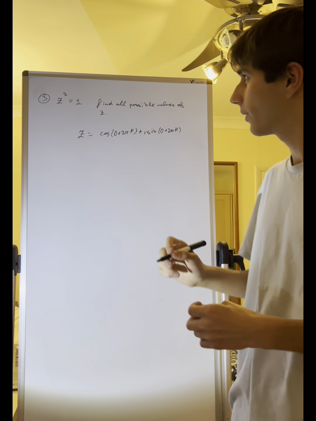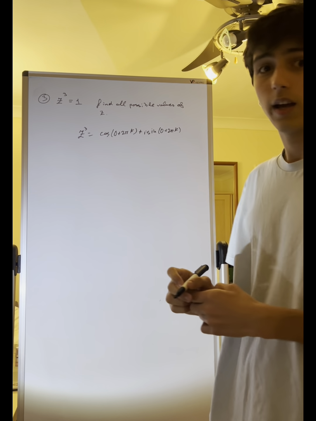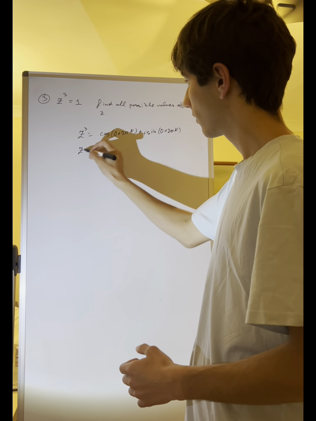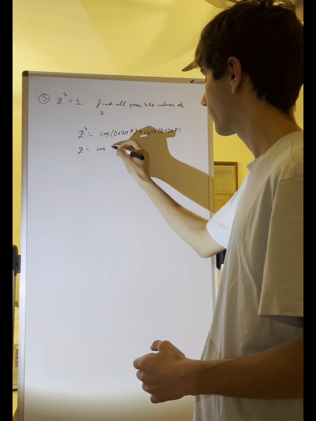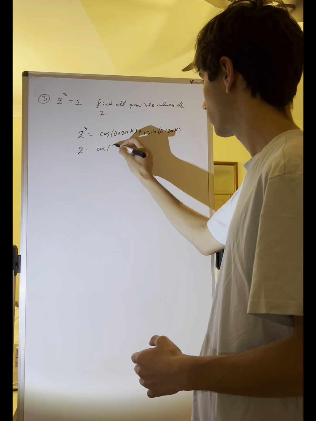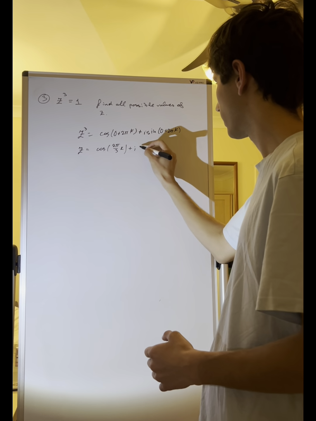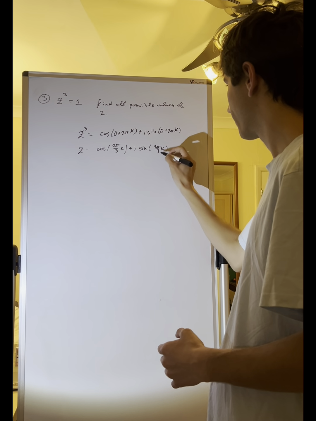And now, oh sorry, this is z cubed. And we want to find z. So this is going to be cosine of 2 pi over 3 k plus i sine 2 pi over 3 k.